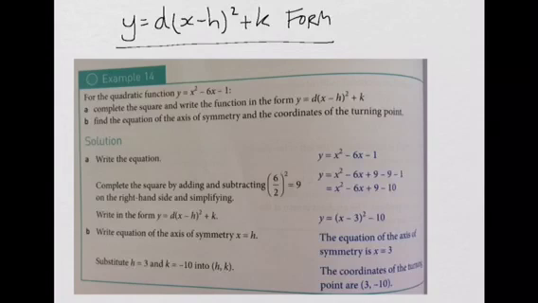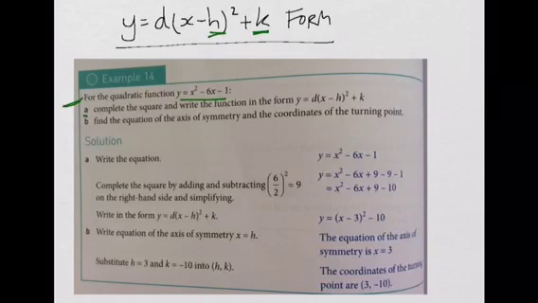It's also known as the turning point form, because the turning point coordinates, h and k, are easily accessible. So we've got here, for the quadratic function y equals x squared minus 6x minus 1, a.